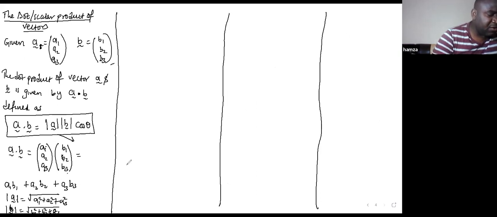So the cosine of the angle between the two vectors can always be found. They can ask you to find the cosine between the two vectors or to find the angle between the two vectors. So let's have an illustration using this definition. An example.